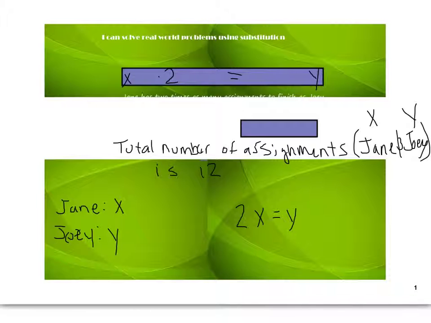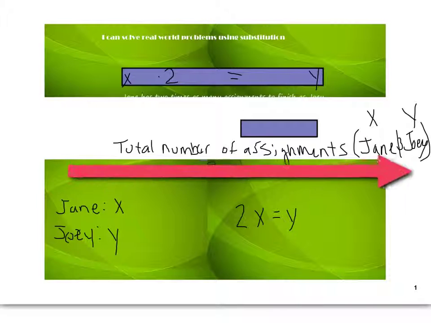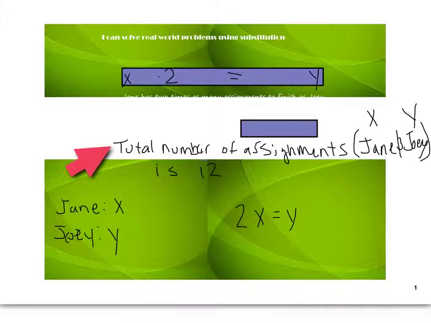Alright, now we need to talk about our second equation. Our total number of assignments, Jane and Joey, is 12. Whenever you see the word and, that usually represents what operation? Addition. Whenever you see the word is, that also represents a mathematical symbol, the equal sign.